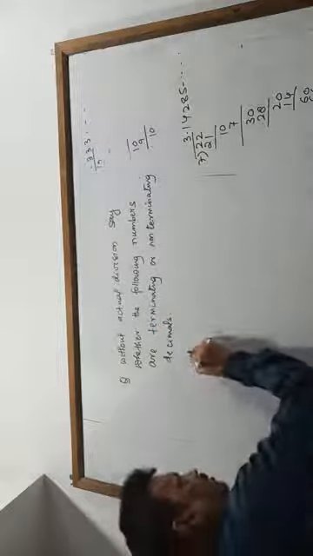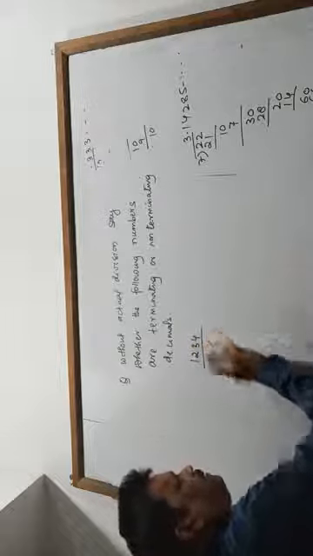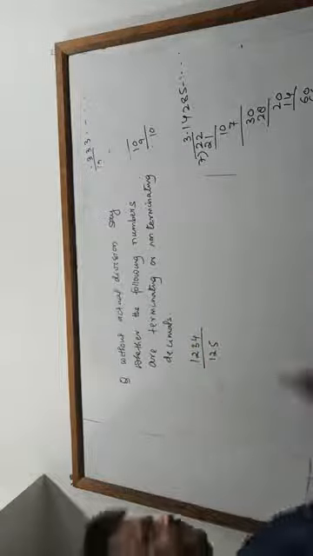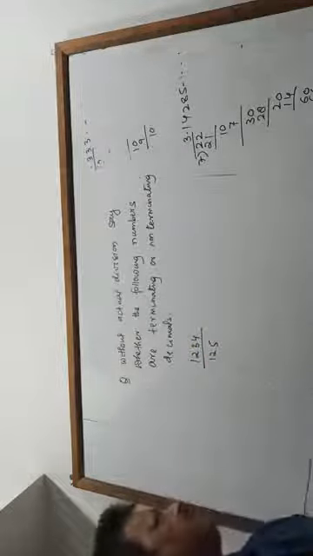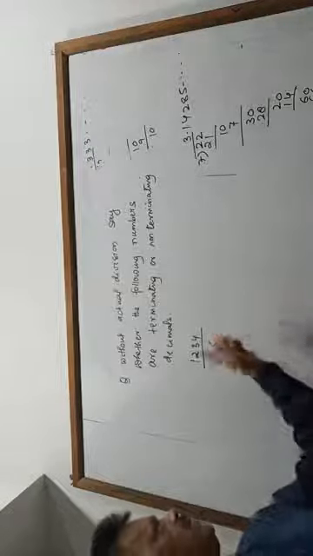Suppose I will take 1234 divided by 125. I will not divide. I will see whether it is terminating or non-terminating.